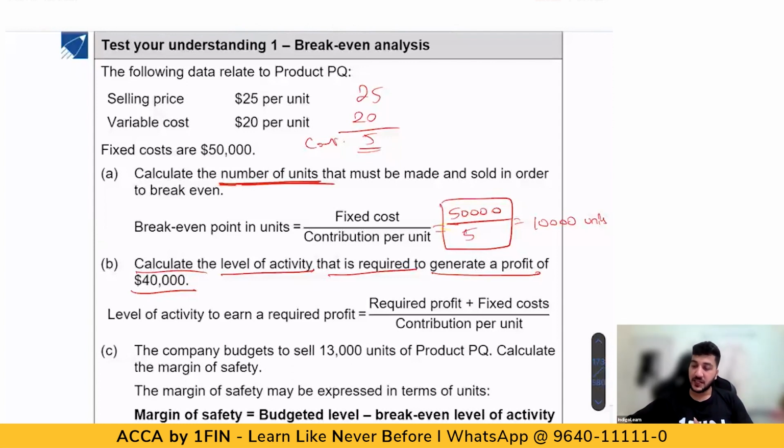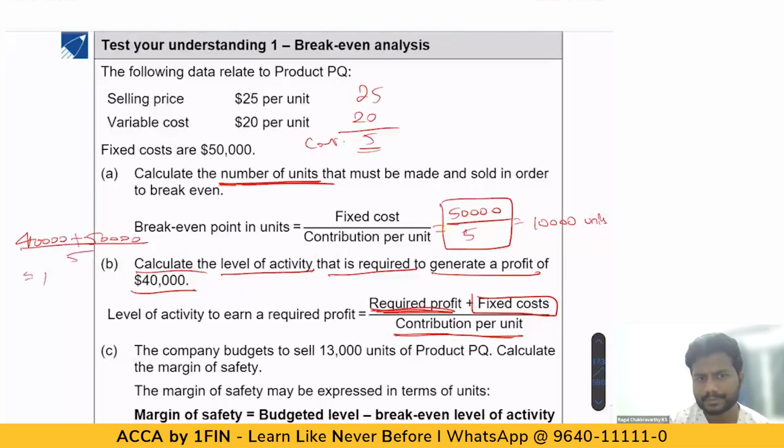So only the numerator will change. Fixed cost will be there, and we will add the required profit also. Then we divide by the same thing, that is contribution per unit. So how does that work? 40,000 required profit plus fixed cost 50,000, divided by contribution per unit, that is 5. How much? 18,000.